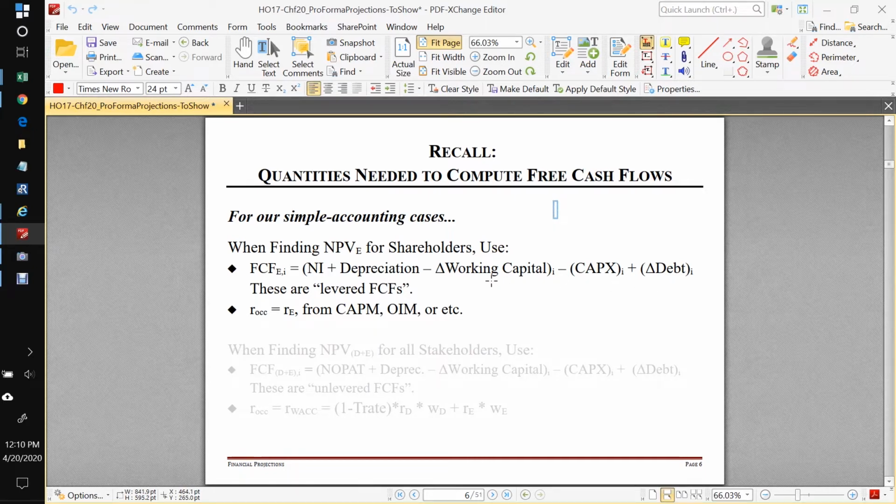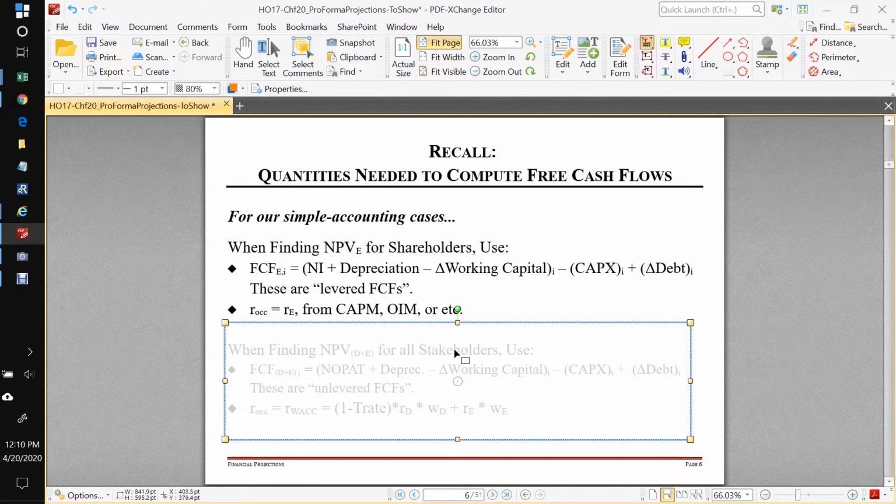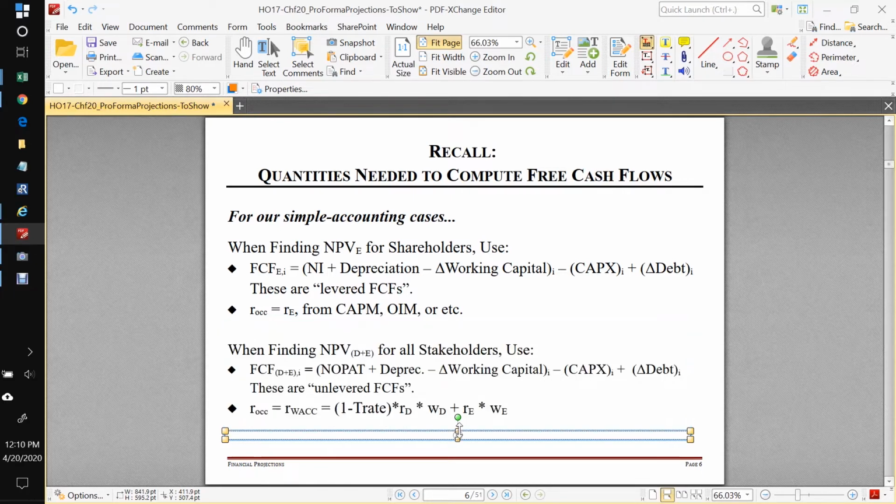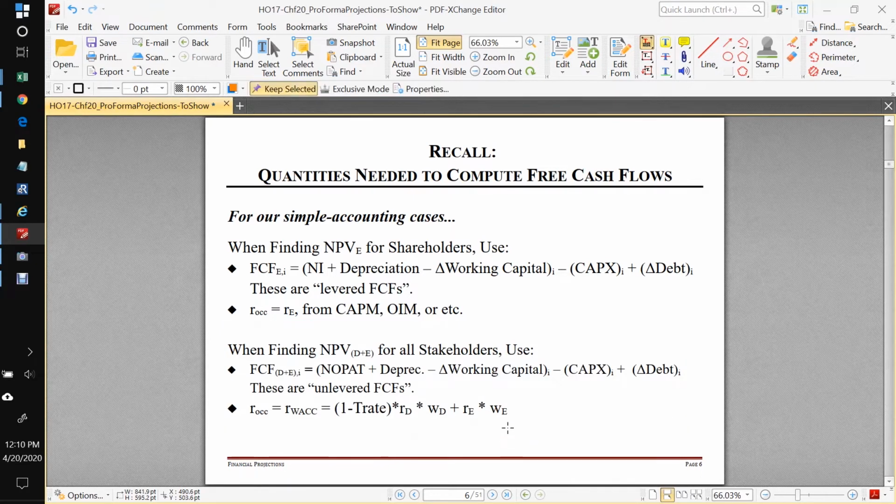Changes in working capital are going to come from projecting balance sheets. Changes in net income are going to come from projecting our income statements, and CapEx comes from our cash flow statement, et cetera. And similarly, if we are valuing an entity to all stakeholders, we have something very similar going on.